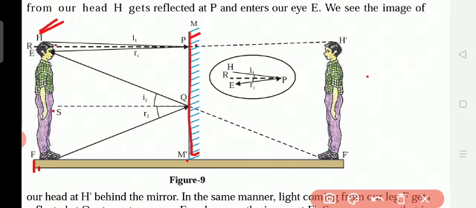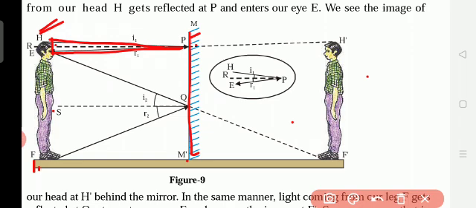Look at the textbook, according to the figure. Just see this one when I explain. Now in triangle HPE, this is making one triangle.